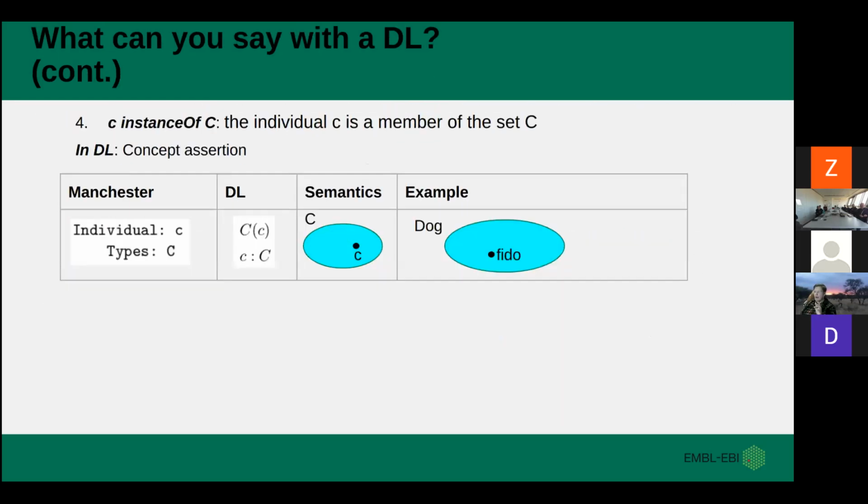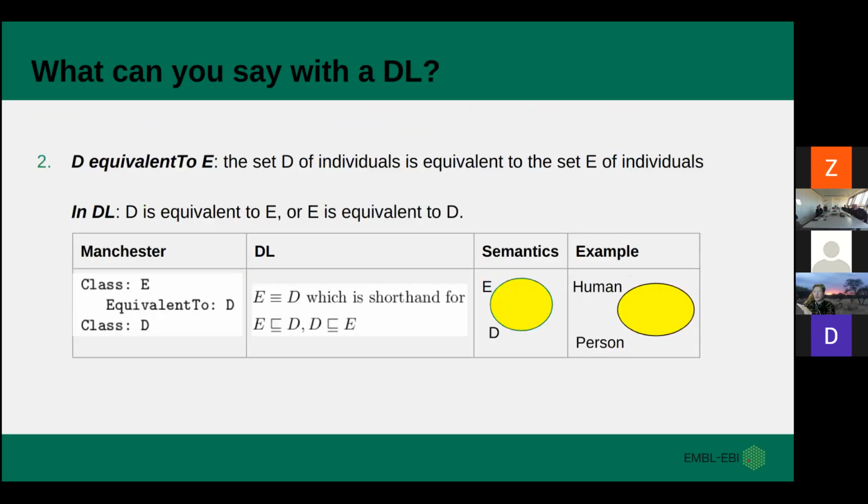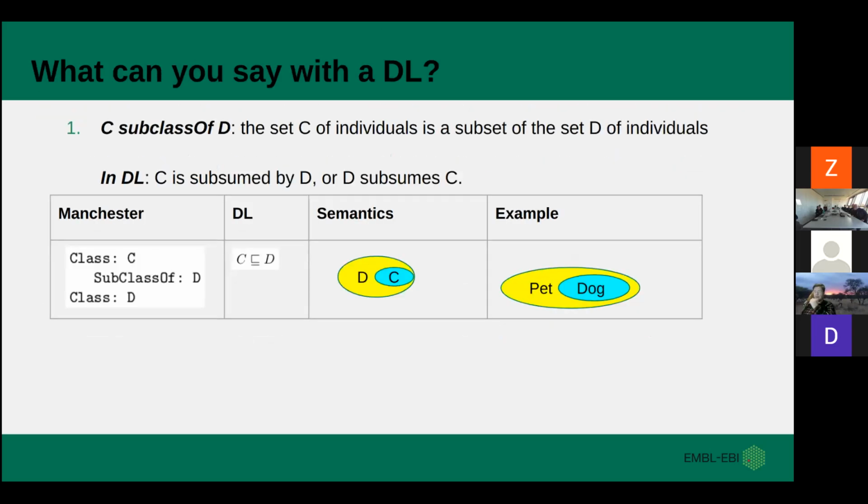But okay, what I've done now at this stage, and I just want to step back for two minutes: at the moment, what I've basically gone through is everything that you can say in a description logic. At this stage, there's nothing more you can say. So where is the complexity coming in? The complexity comes in from the fact that when you say that C is a subclass of D, what can be placed in the place of C and in the place of D can be quite complex.